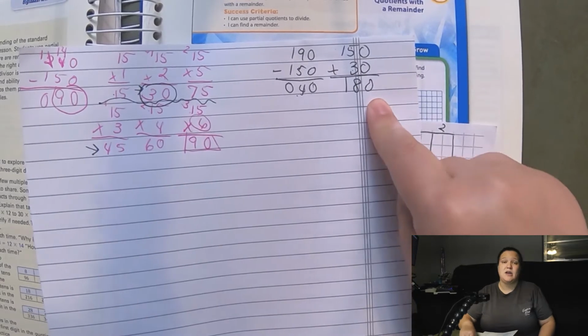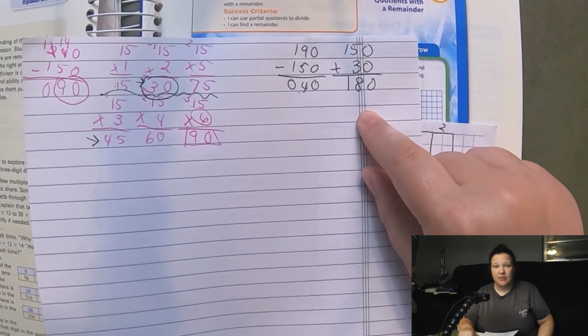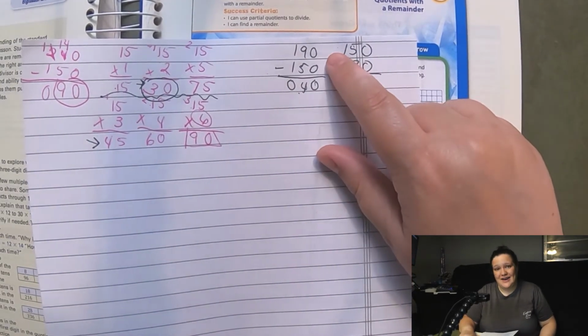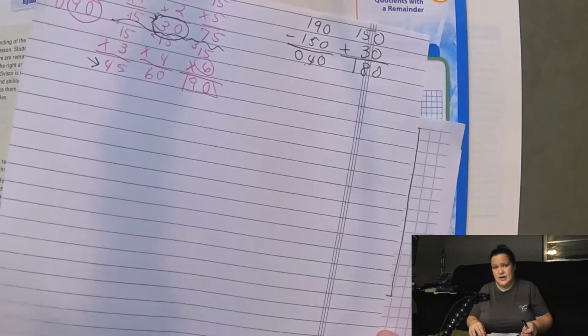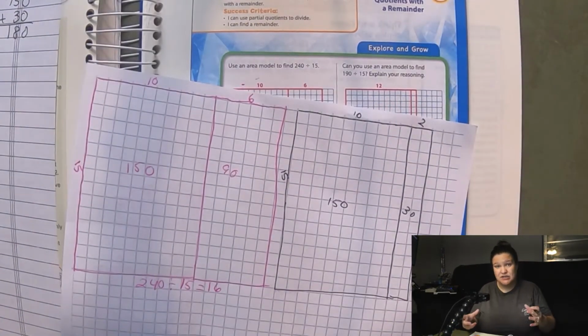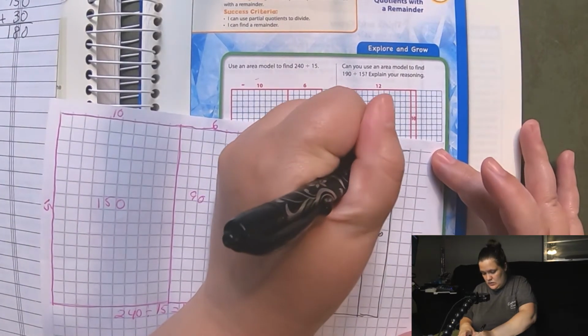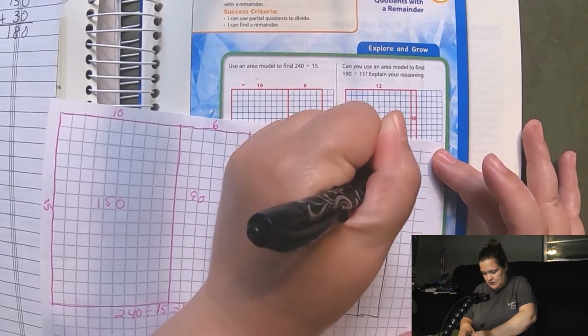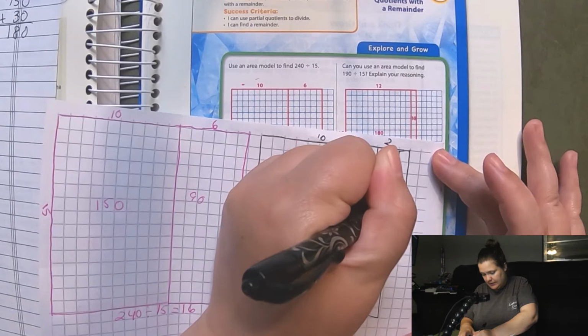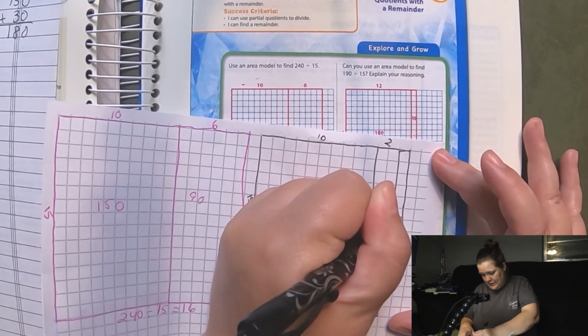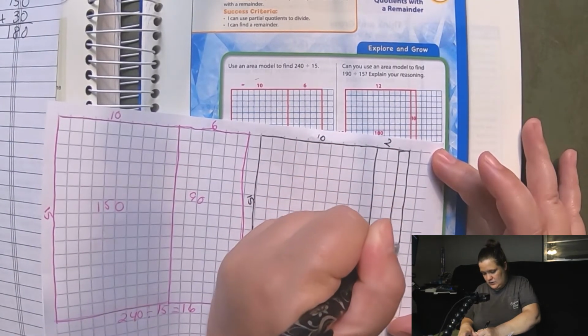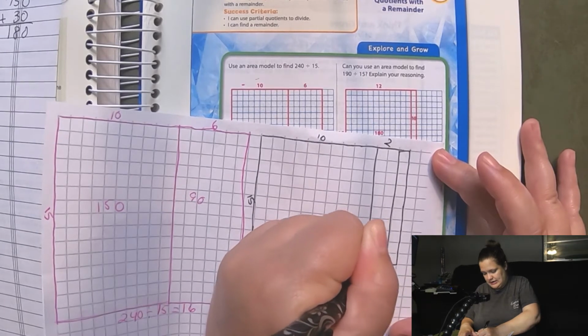We have 180. We need 190. So we're going to tack on enough squares to get us to 190. So I'm going to tack on 181, 182, 183, 184, 185, 186, 187, 188, 189, 190.